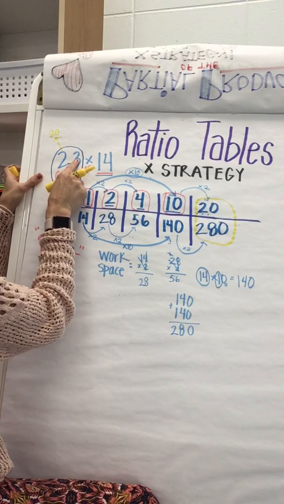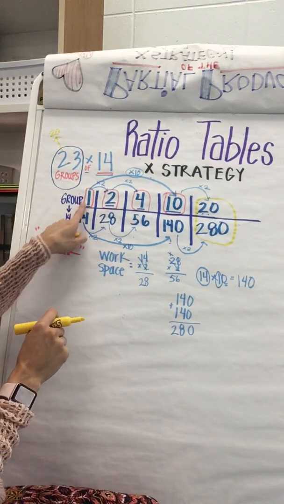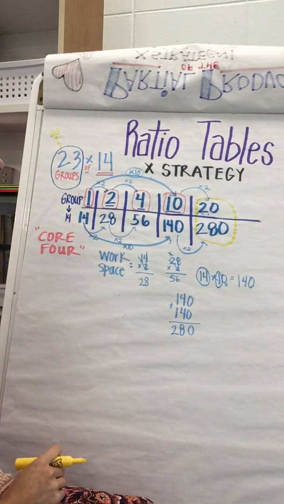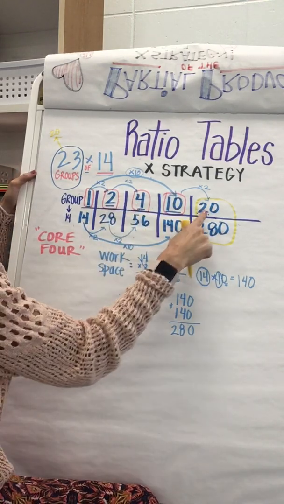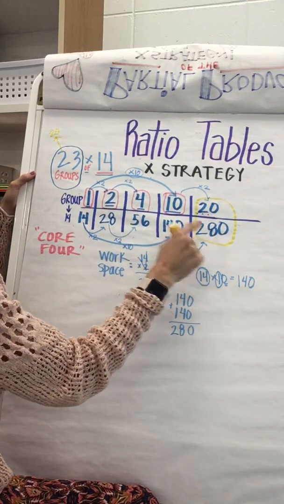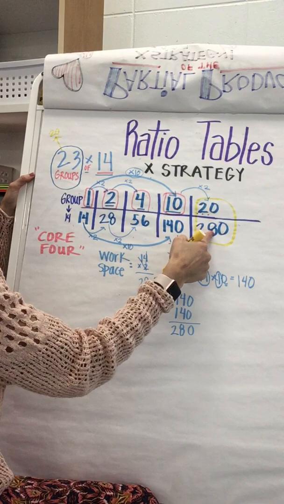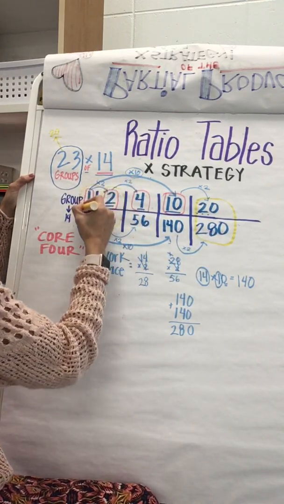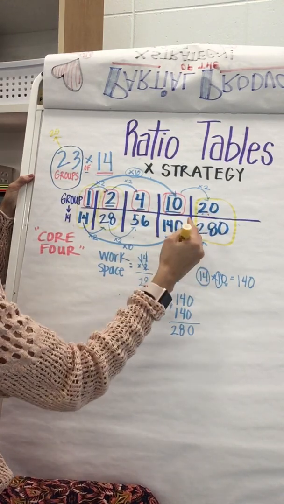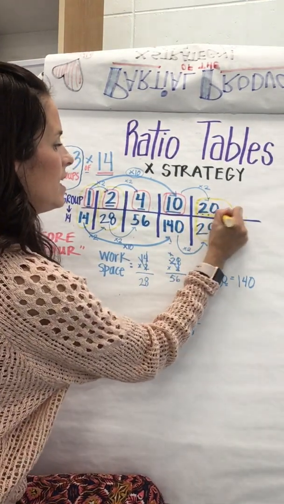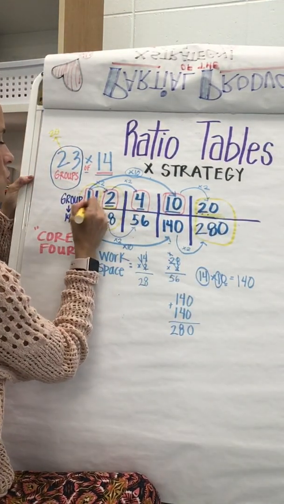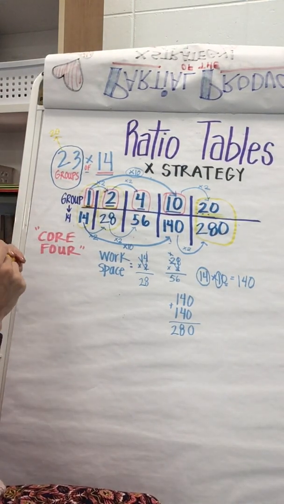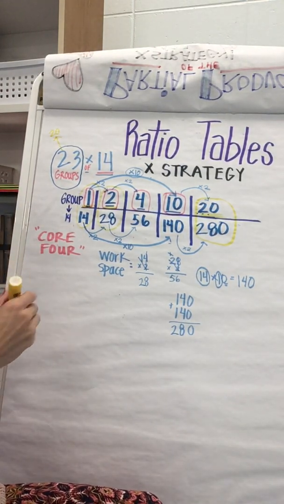If I could just figure out how many 3 more groups are. Hint, look down here. 20 groups is 280. Well, what if I did 20 plus 2 more groups plus 1 more group? Because look, 20, 22, 23 groups.